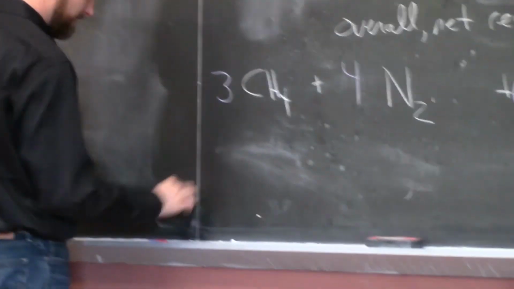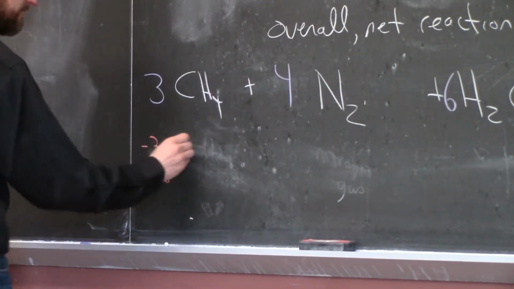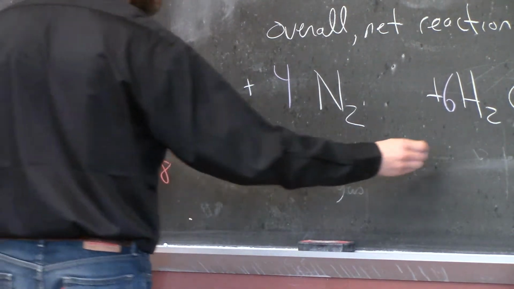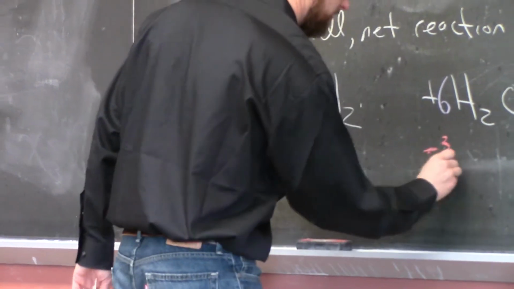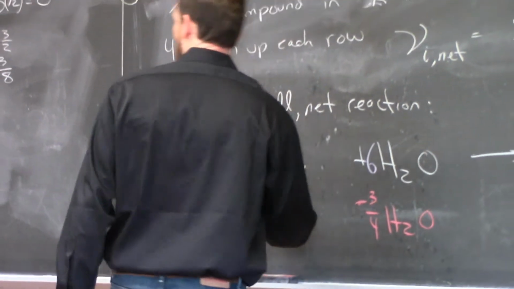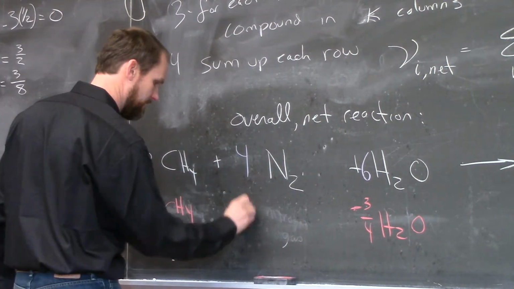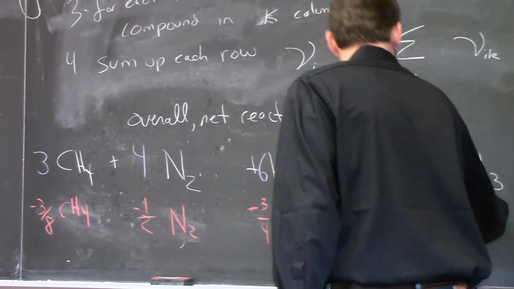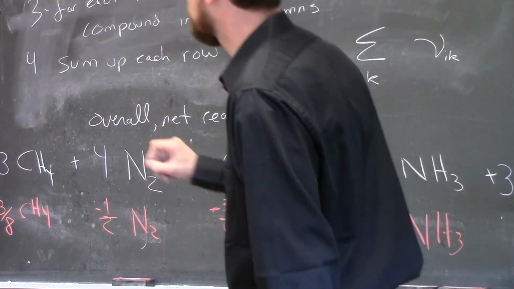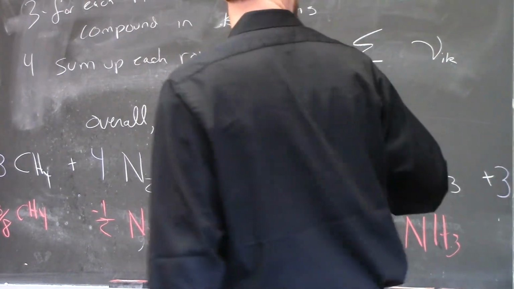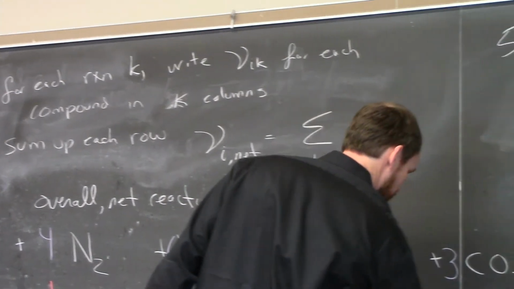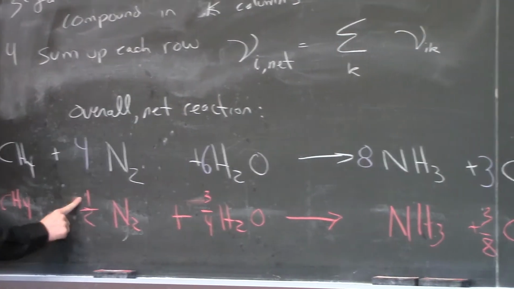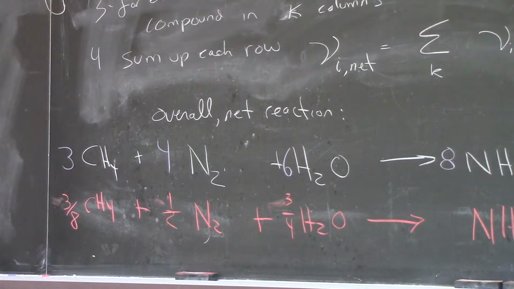Minus 3/8 CH4, minus 3/4 H2O, and minus 1/2 nitrogen should go to 1 NH3, plus 3/8 CO2. Those are pluses because those are reactions. And that should be the same as my overall reaction. Did we get that right?